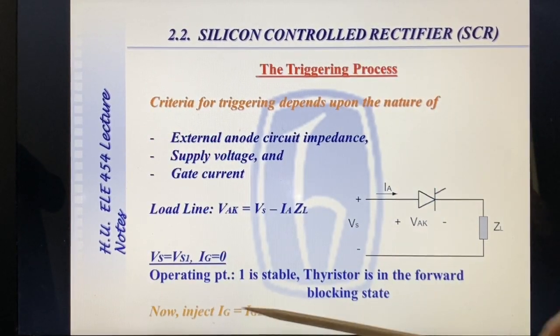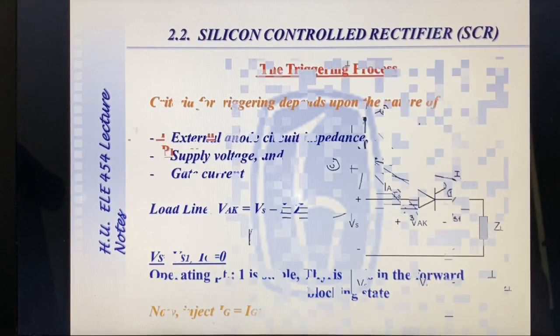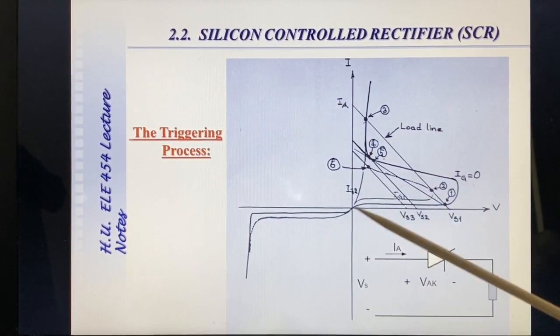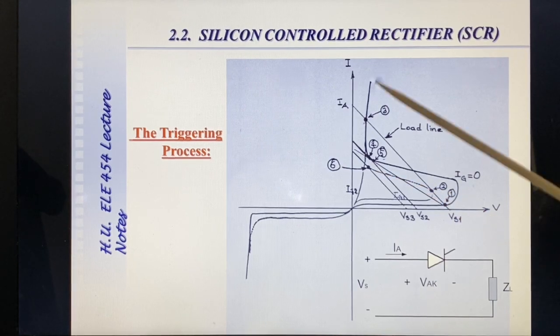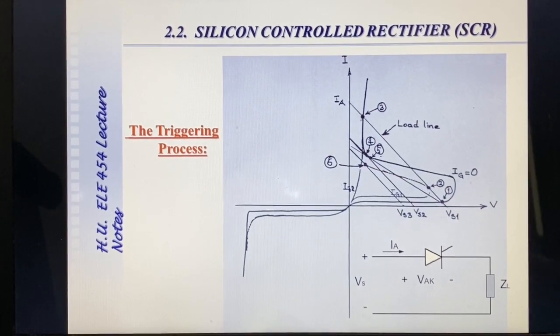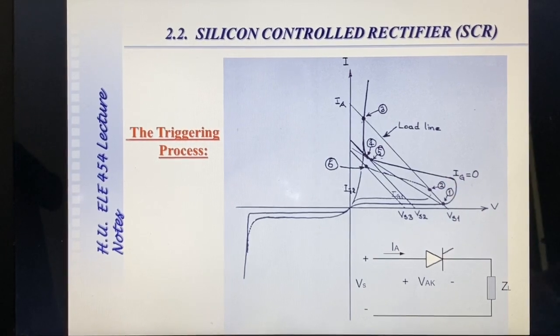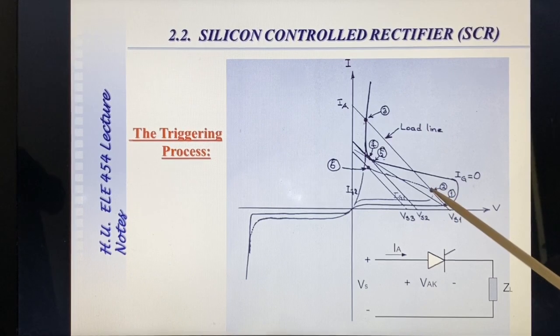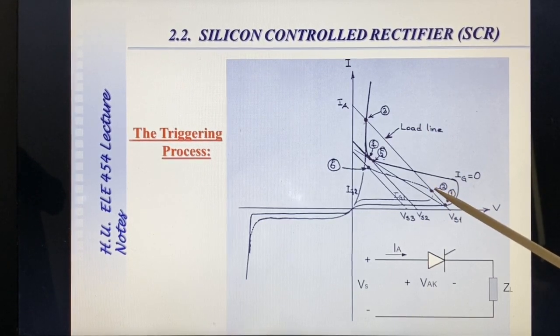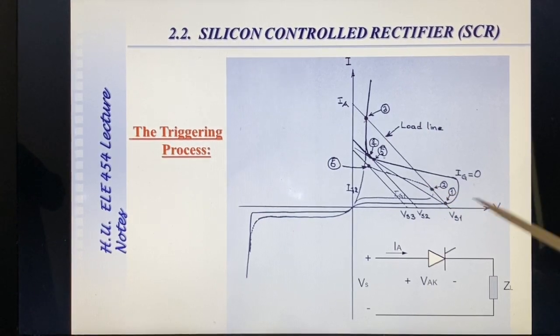Now let us inject Ig equal to Ig1. A gate current is injected, and this gate current injection causes such a change in the IV characteristics of the thyristor with a smaller breakover. Note that now the operating point changes from 1 to 2, and hence this is the negative resistance region, the regeneration region.